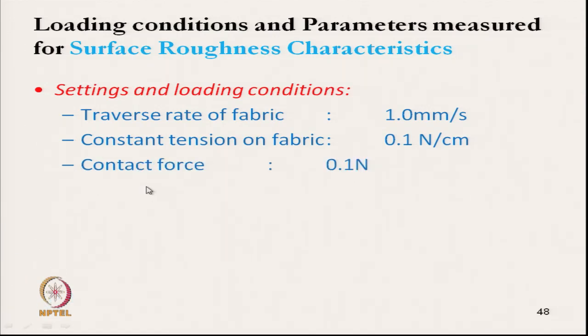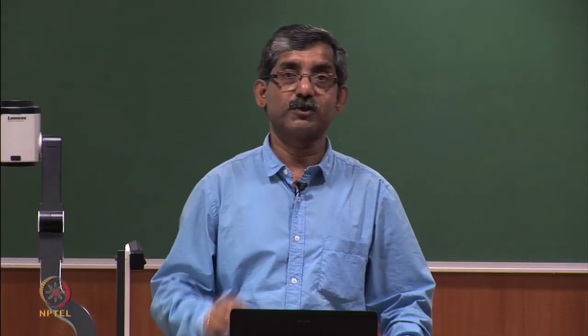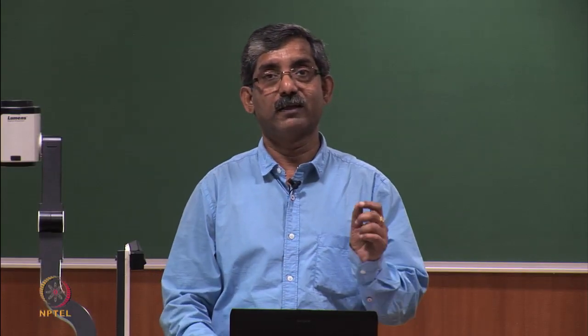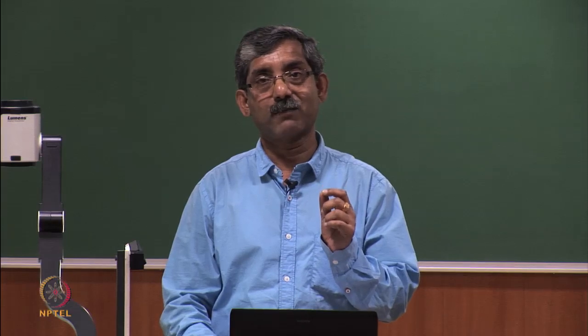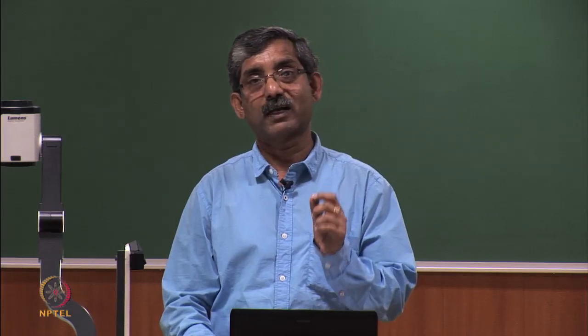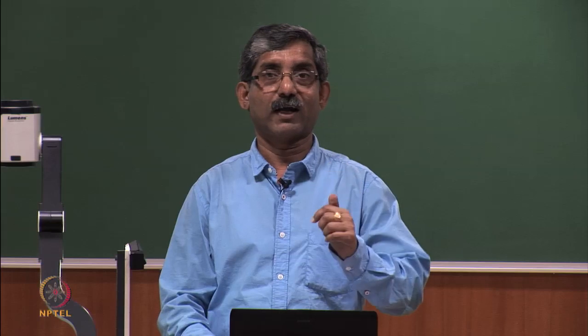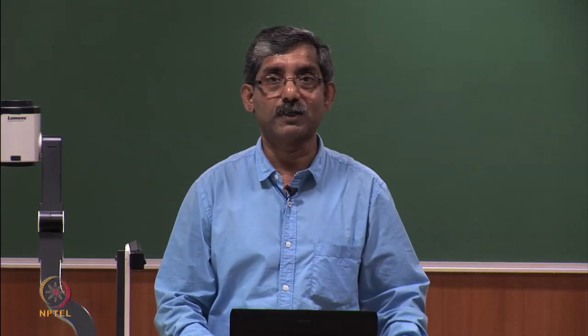And the constant force applied is 0.1 Newton. So, here we impart a constant force of 0.1 Newton on the displacement sensor. It should not be too high, because otherwise it will compress the rough portion also. So, we need a very small weight, and at the same time we need a certain load to keep contact with the fabric sample specimen.